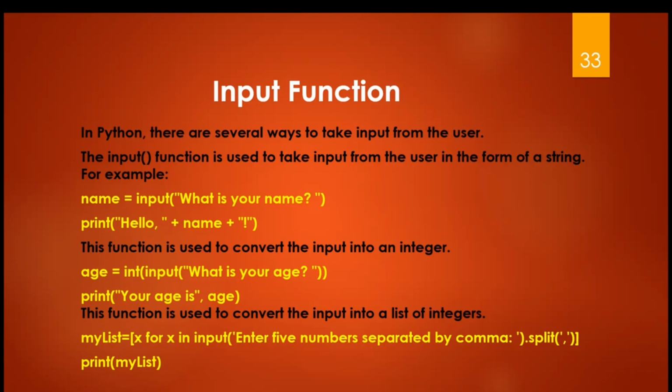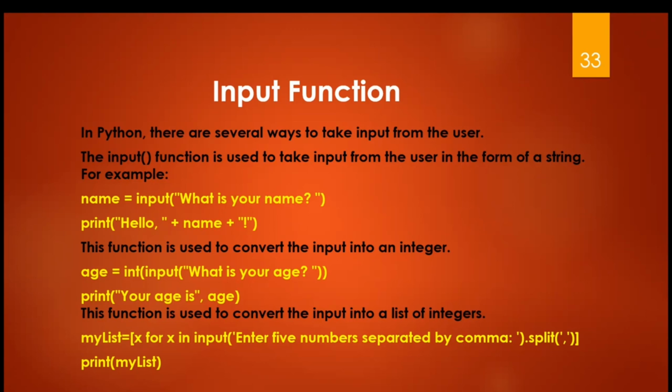Then the input that you have given will be printed after hello, followed by an exclamation, as you can see in the print statement. You can either separate it with a comma, or add the variable with a plus symbol, and it will be printed in a series.